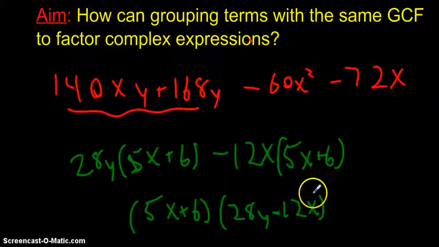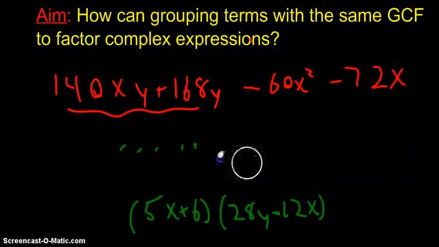These don't appear to be the same as they were before. Oh, I think I see why. This isn't factored completely. This term doesn't have a GCF, but this one does. So this can actually be factored further. It probably could have been factored further before and I didn't notice. Let me erase this just for space.